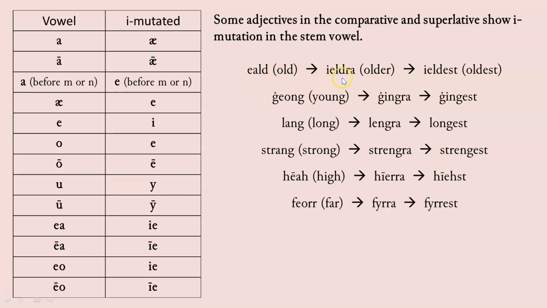So, eld, old, ealdera, older, ealdest, oldest, young, young, yingara, yingest, younger, youngest, lung, long, lengara, longer, longest, satarang, strong, satarengara, stronger, satarengest, strongest, heich, high, hierer, higher, hiechsata, highest, fairer, far, furrer, furrerest.